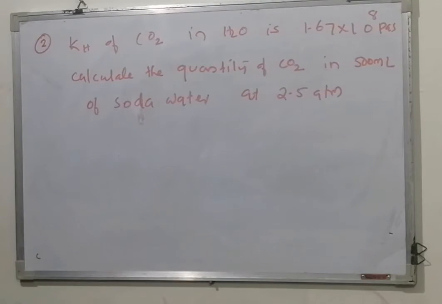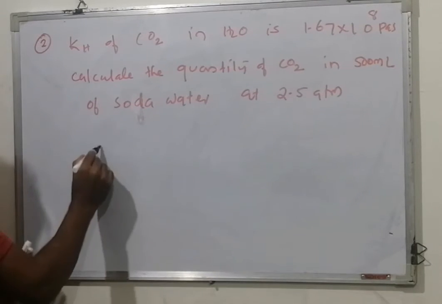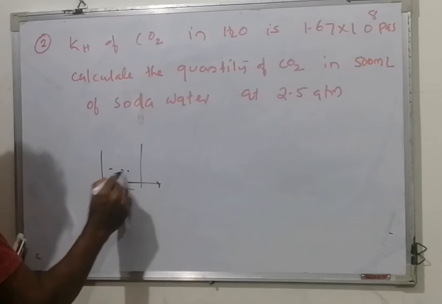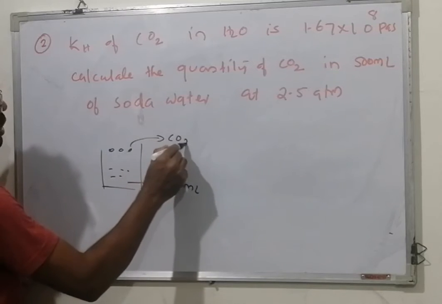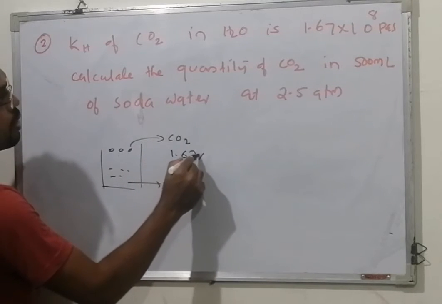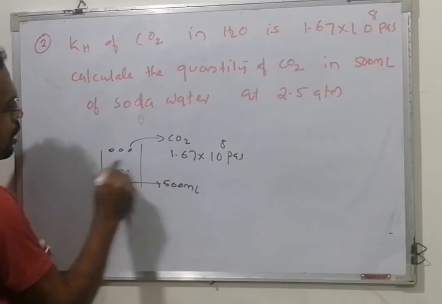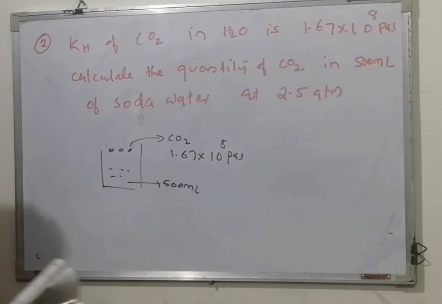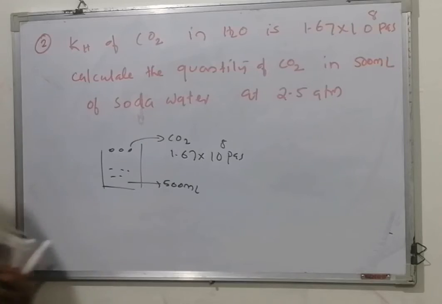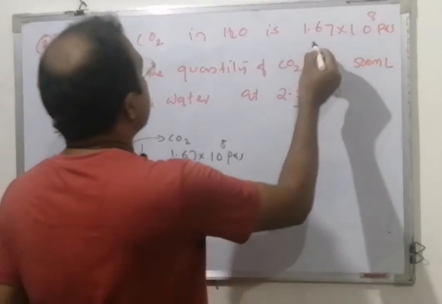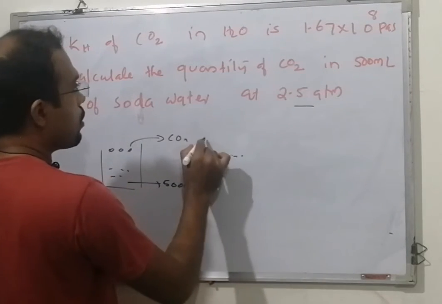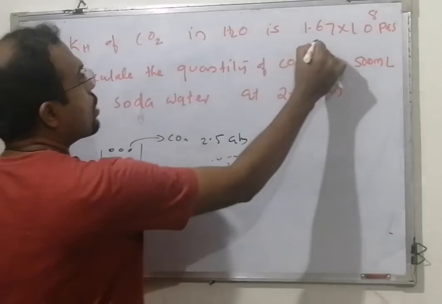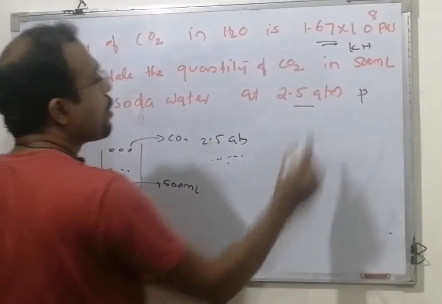Henry's law constant is given. You have 500 ml water. What is the quantity of carbon dioxide dissolved? Henry's constant is given, pressure is given as 2.5 atm, and the quantity is asked.